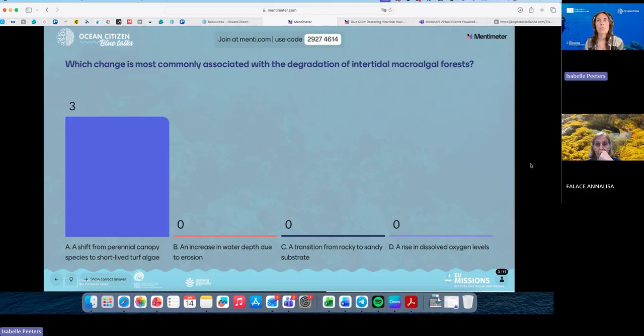C, a transition from rocky to sandy substrates. I think we just answered that one. D, a rise in dissolved oxygen levels. Okay. So it is A indeed.